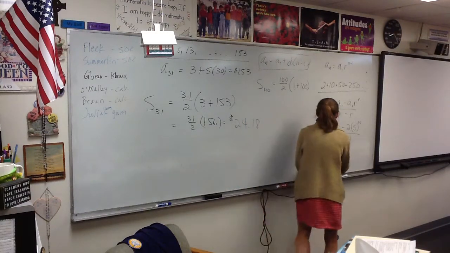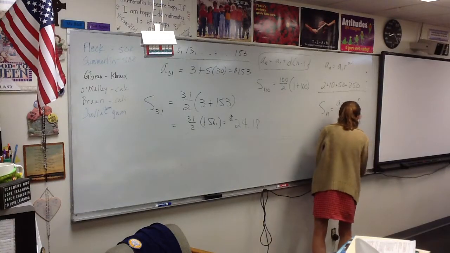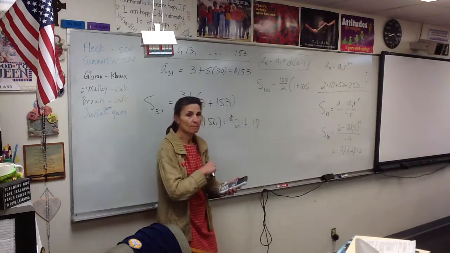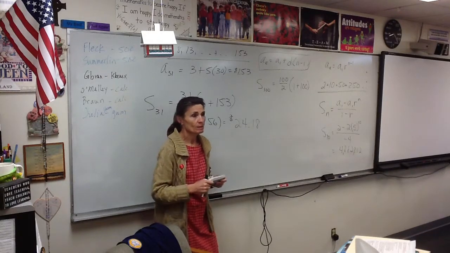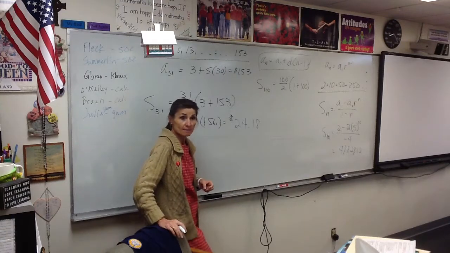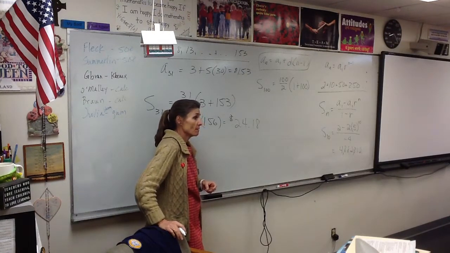The answer you should get is 4882812. That is a huge number, kids. That's 4 million. Does it make sense that that number would be so big? Yeah, because what did we talk about yesterday? Geometric sequences grow really fast. So if we're going to add up the terms, that's going to be a big number.